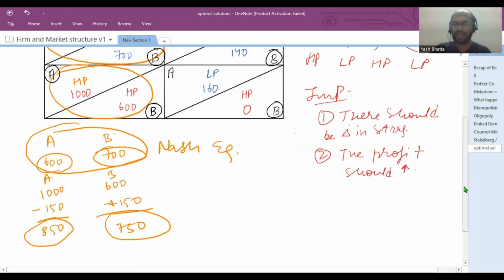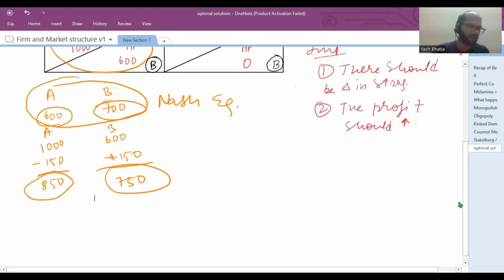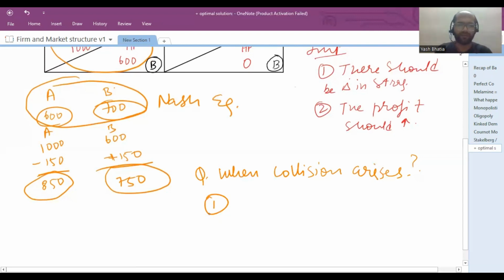So are there any conditions for collusion? The question is, when does this collusion arise? So what are the conditions for the collusion to happen? Okay, so there are a few conditions. First, there is a small number of firms operating.